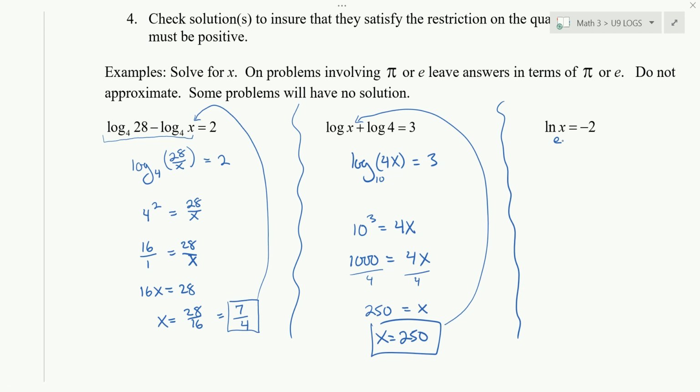If you have ln, it's base e. So we get e to the negative 2 is equal to x. And so we've already solved for x. e to the negative 2. And so that could be your answer. Typically, we say don't leave the exponent negative, so we could write 1 over e squared is equal to x.